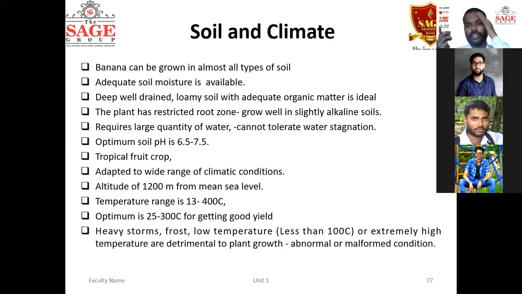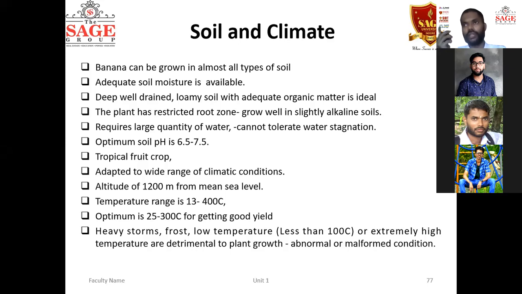Low temperature, less than 10 degrees centigrade, or extremely hot temperature is very harmful for the growth and development of fruits. They will develop into abnormal and malformed conditions. Other than this, heavy storms or frost are also harmful.